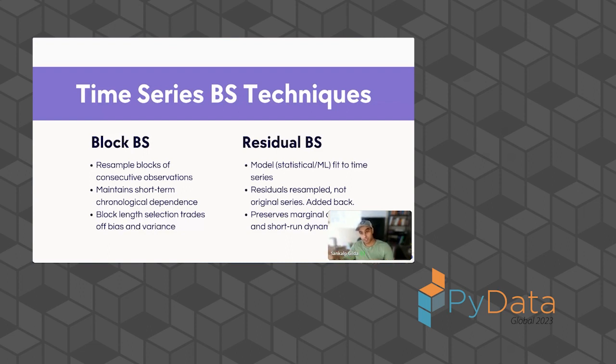You get residuals. And if your assumption is that the residuals follow a Markov process with some limited memory, then Markov bootstrapping would perhaps be the right choice for your case. Here we resample the residuals rather than the original series, in which way we end up preserving both the marginal distribution and the short-run dynamics.